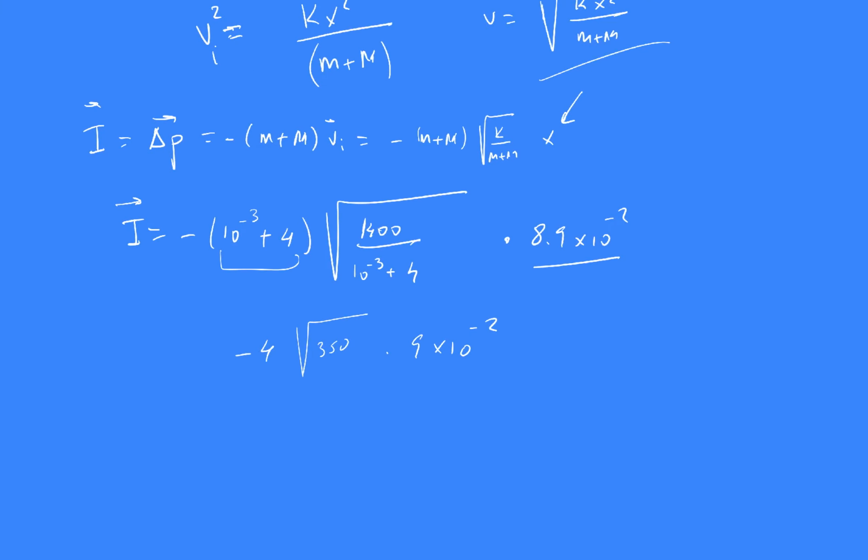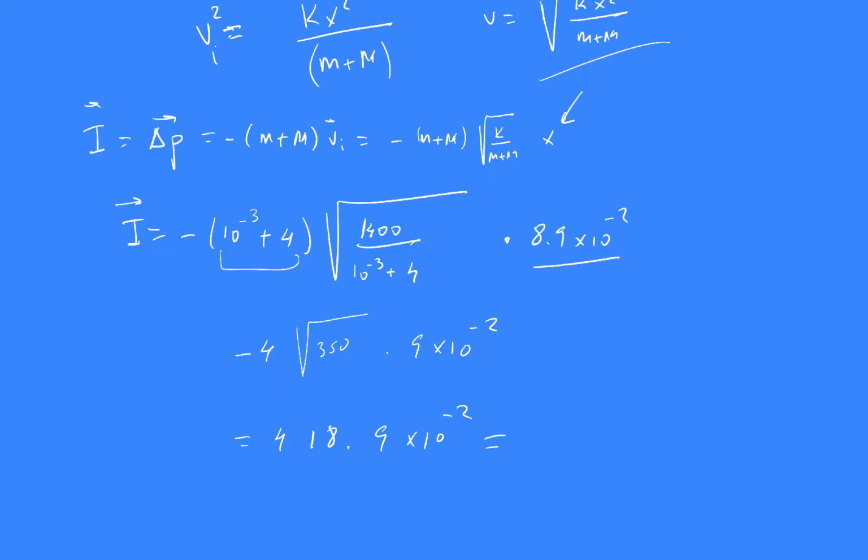So let me see. 4 square root of 350 can be like 18, since 20 squared is 400. So it could be like 18 times 9 times 10 to the minus 2. You do the exact calculation.